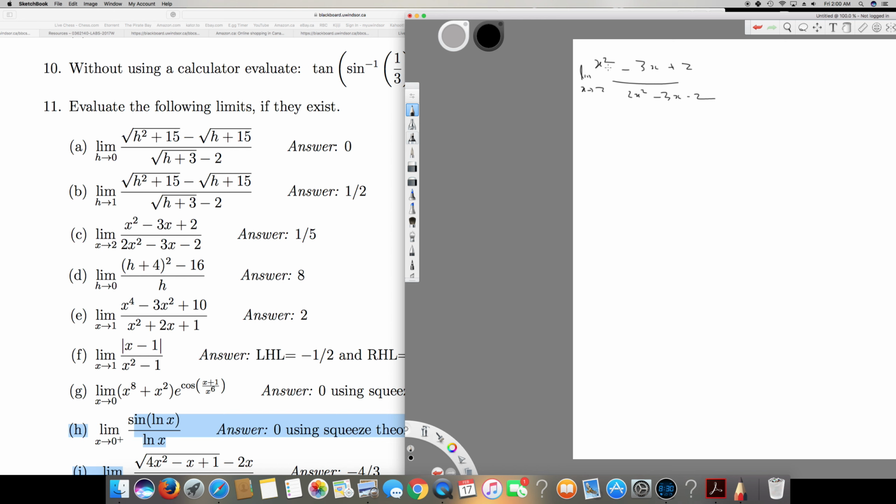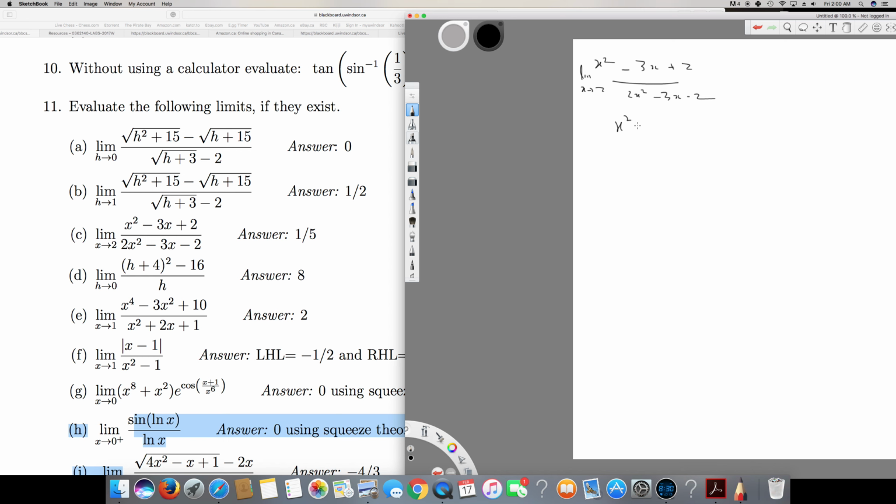So if I factor the top one, when I multiply I have to get plus 2, and when I add I have to get negative 3. So in order to get that I simply multiply negative 2 and negative 1, add negative 2, negative 1.